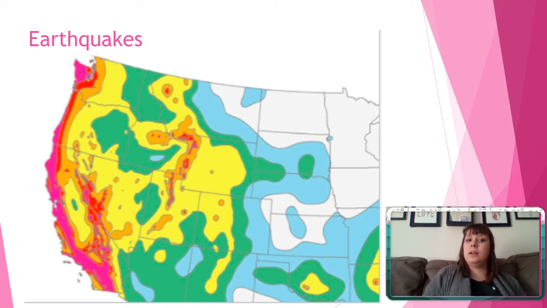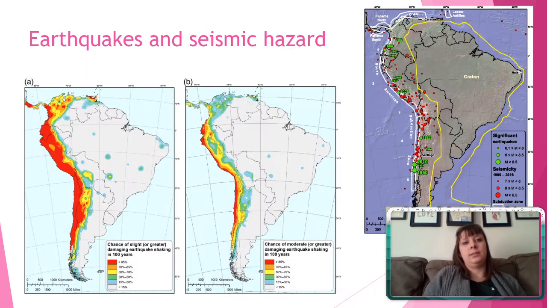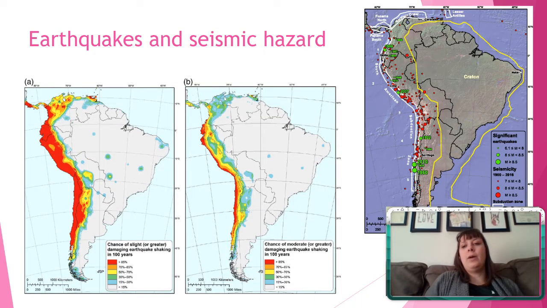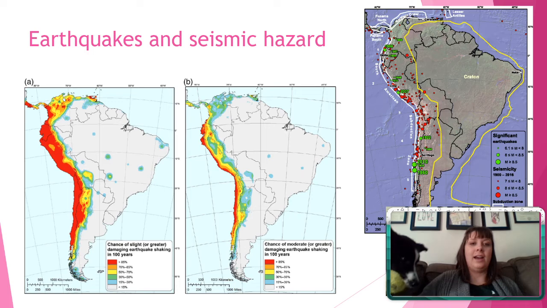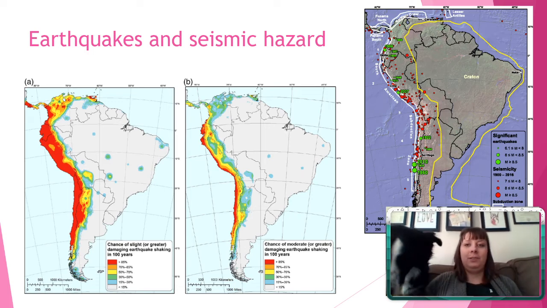So lots of earthquakes, lots of fear about earthquakes in places like San Francisco, the Wasatch Front, right here in Utah. Now we are talking about South America, right? This unit.